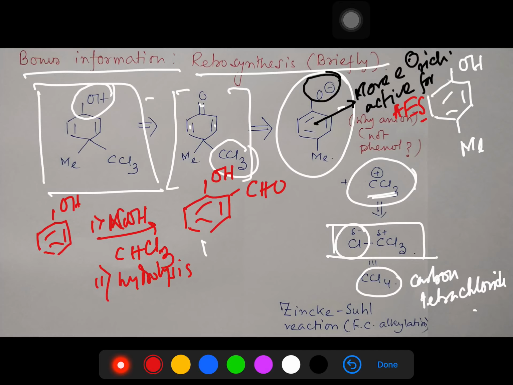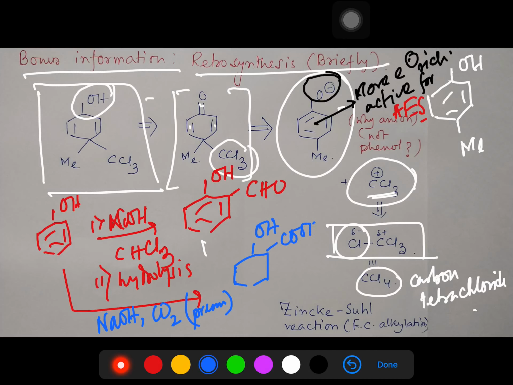You may discuss it. Not only this, you should also remember that sodium hydroxide and CO2 under some pressure and heat, around 140 degrees centigrade and 5 to 7 atmospheres pressure, result in ortho-hydroxybenzoic acid or salicylic acid.